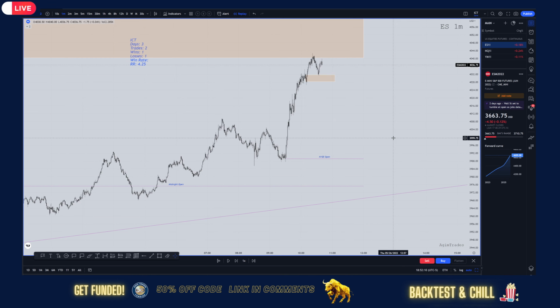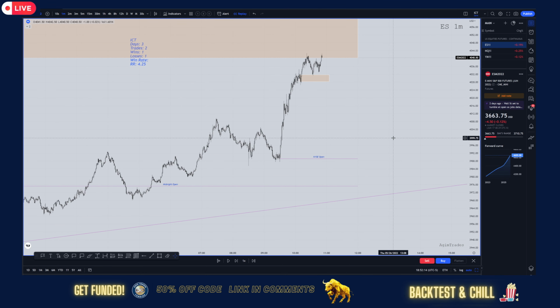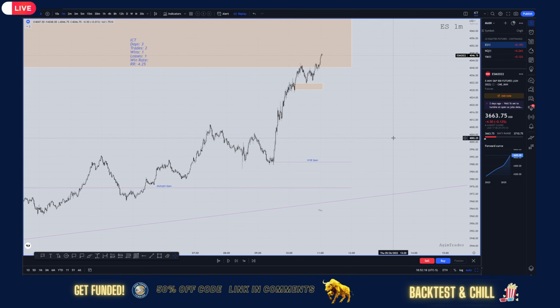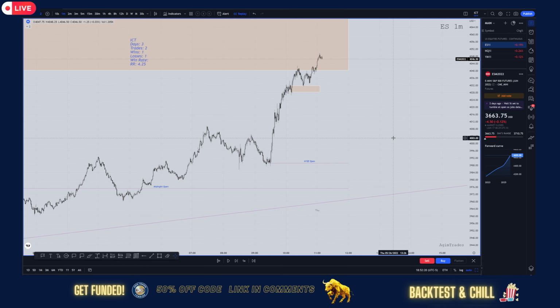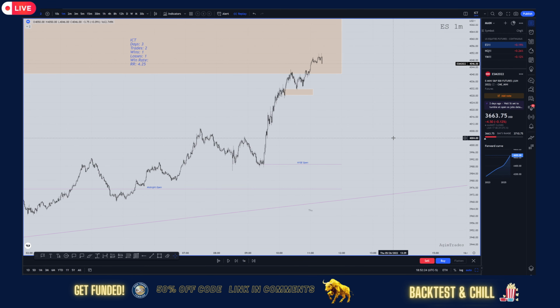It could take a few stabs higher, obviously, as it tries to grab more liquidity and gets deeper into the order block, but we don't trust it to go very much higher.